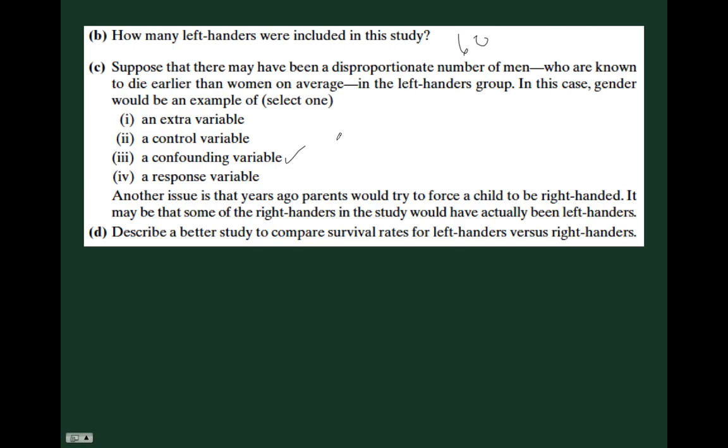One way to do that would be to select a group of parents that are willing to participate, or somehow randomly select a large group of very young children, and randomly assign them to groups, lefties and righties, say. One group is going to be the left-handed writers, the other group the right-handed writers, and actually impose that as a treatment at a young age, and then follow those subjects throughout their life and see if we still end up with a difference in the death rates, or in the average age when the subjects died.